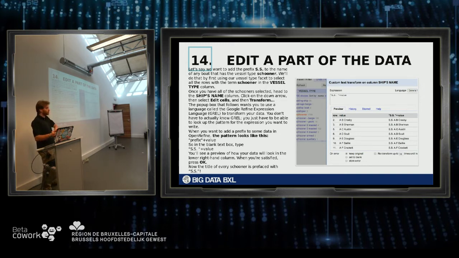This is where you go back to the panel that we've seen before. You can select one specific type of vessel, and then you can type some form of formula, a quick expression here, which is just going to say, okay, take the old value, like this, and just add SS space in front. So that's going to change the value, and as you type this formula, it's going to show you an example of what this will look like on a few examples.